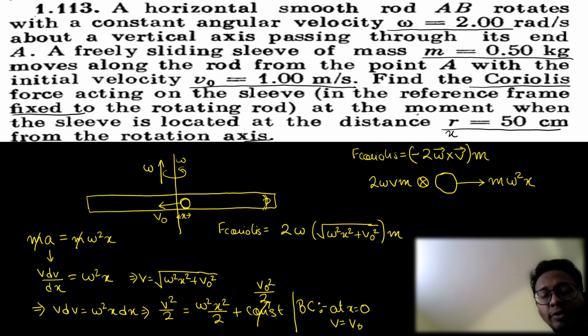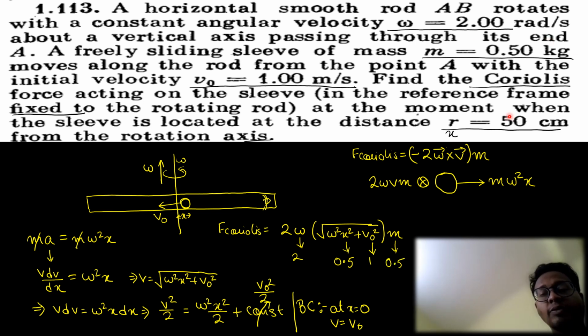So when you substitute all the values, omega is 2 radians per second, x is 50 centimeter, which is 0.5 meter, v naught is 1 meter per second, and mass is given as 0.5 kg.